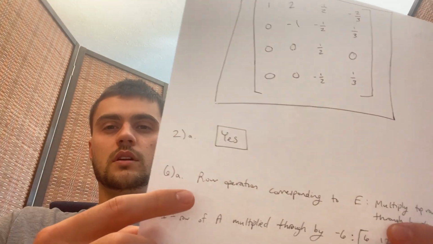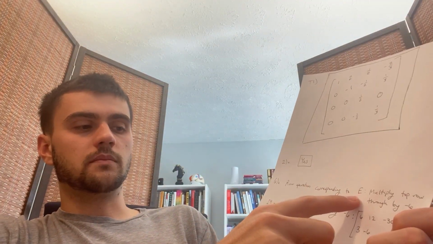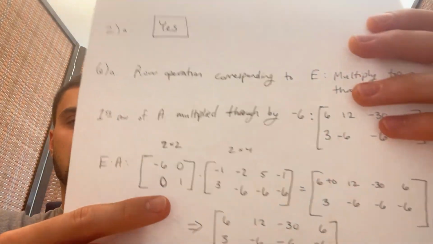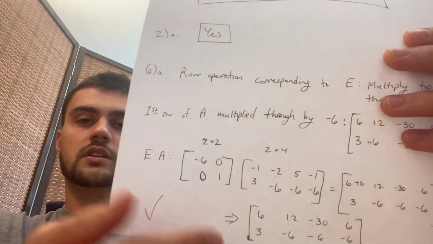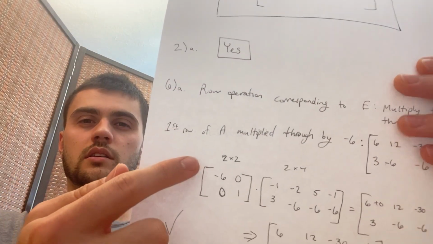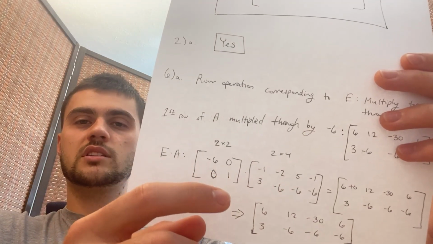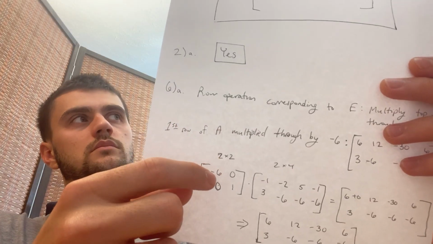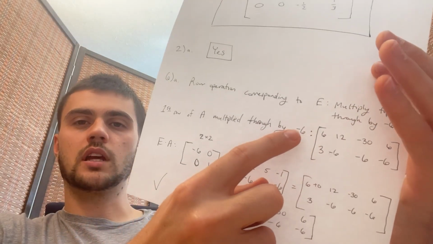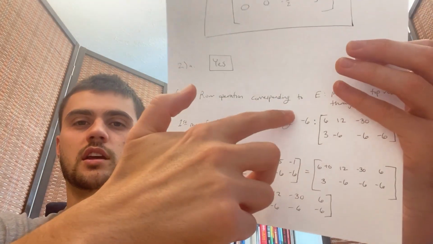Problem 6 was basically saying, look at this elementary matrix, identify the row operation corresponding to it, which is multiply the top row by -6, and then identify that E times A is the same as A with that corresponding row operation. So we multiplied -6 through the top row of A, and then we multiplied E by A, and they're the same, so that is correct. And that's actually all we got through.